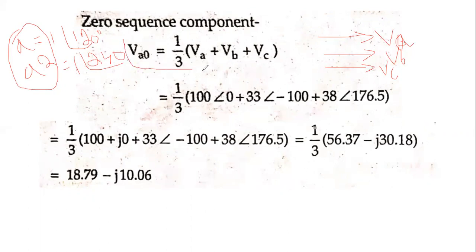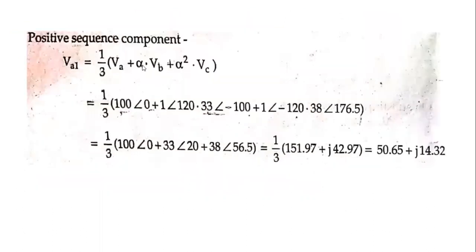In the zero sequence equation, VA0 is equal to 1 by 3 into VA plus VB plus VC. And in the positive sequence, we represent the operator alpha, because we are finding the voltage at A phase in the positive sequence, but considering the B and C phases.